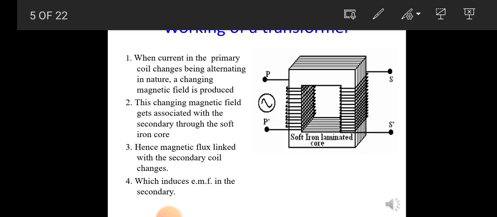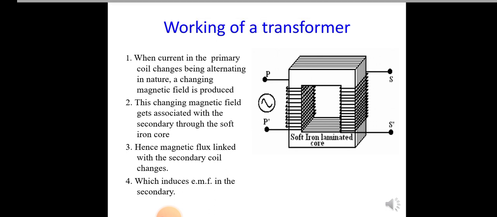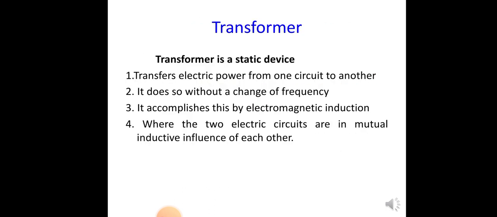Today I am going to discuss the topic on transformer. So basically transformer is a static device. It means it does not have any rotating part. The function of transformer is used to transfer the electric power from one circuit to another circuit without changing frequency.